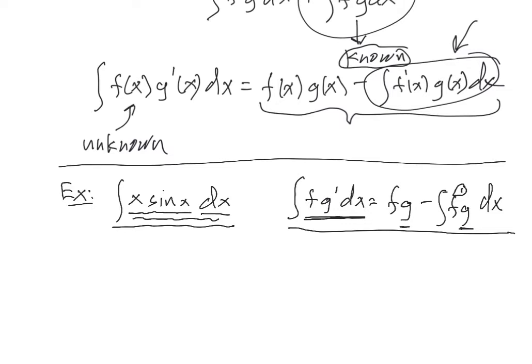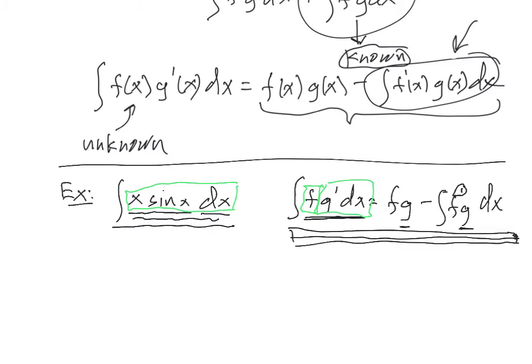Okay, so I'll illustrate for this example, and I won't talk too much about strategy. I'll just show you how to do it. And then we're going to take another look at this particular relationship, a nice way to think about it that will hopefully make it easy for us in future problems. So I need to break up x sine x into an f and a g prime dx.